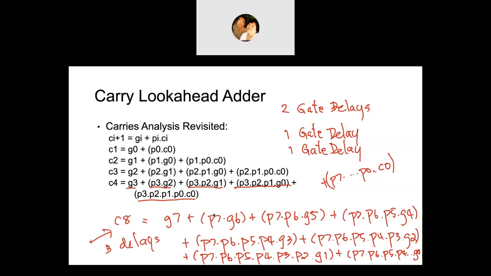How much faster is it than the ripple adder in the case of an 8-bit adder? In the ripple adder, if you have an 8-bit adder, we need 16 gate delays, but here we use only 3 gate delays. So this kind of adder is 5 times faster than the previous version that we discussed.